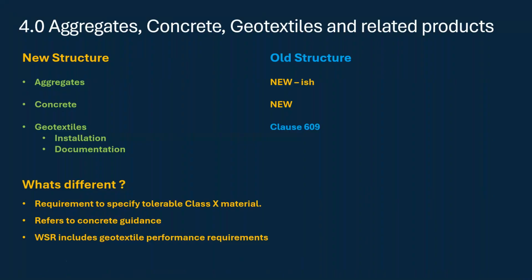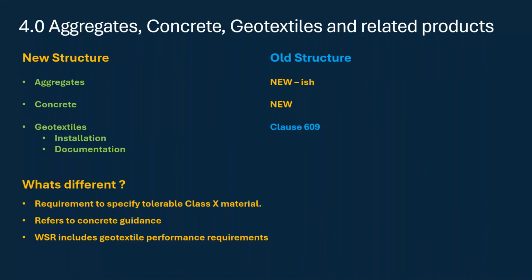Now moving on to chapter 4, which seems to be a bit of an odds and sods chapter really, in that it's just materials which aren't soils. And in terms of aggregates, yes, they are largely covered in the previous chapter. There's really just a bit of information about the degree of tolerable class X material, basically dodgy anthropogenic stuff like bits of plastic and other kinds of rubbish. How much can you tolerate within your aggregates for your use?